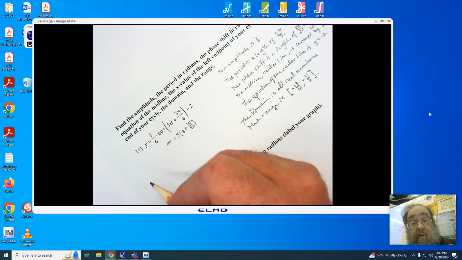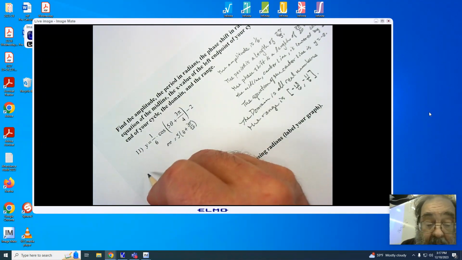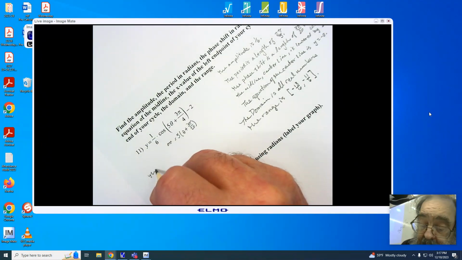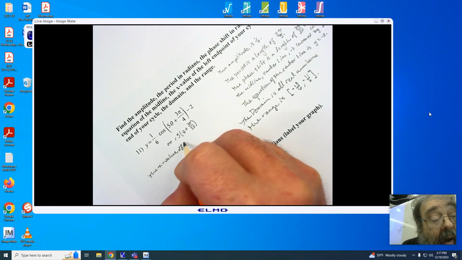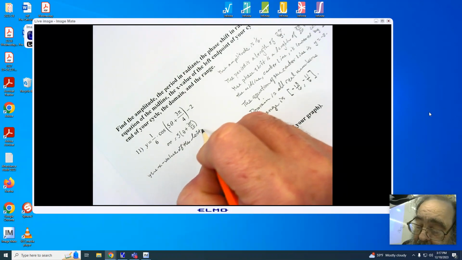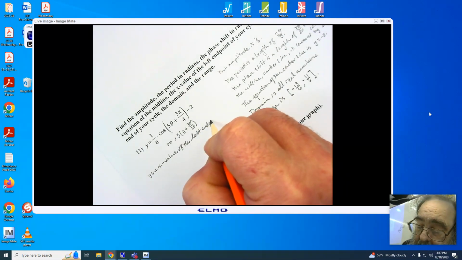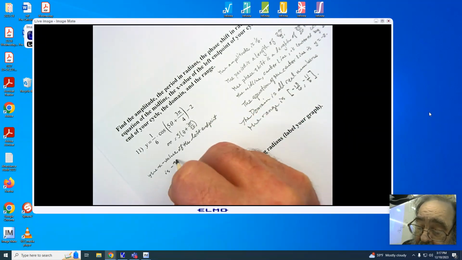So I'm going from 0 pi to 2 pi. Okay, I equate 0 pi, I equate 2 pi. When I equated the 0 pi, the x value of the left endpoint is negative 3 pi over 20.